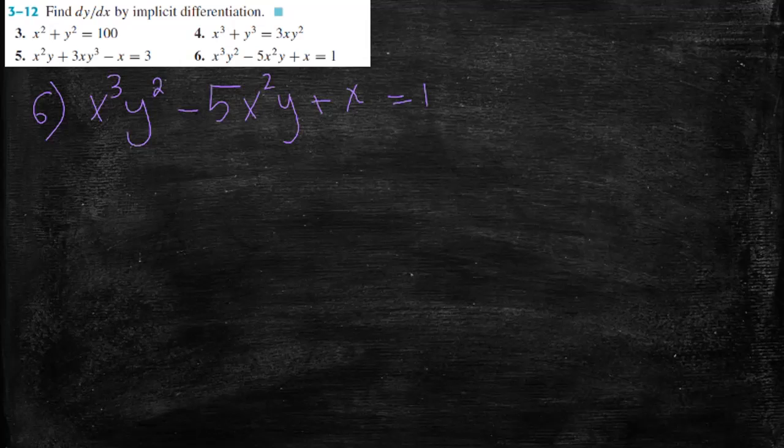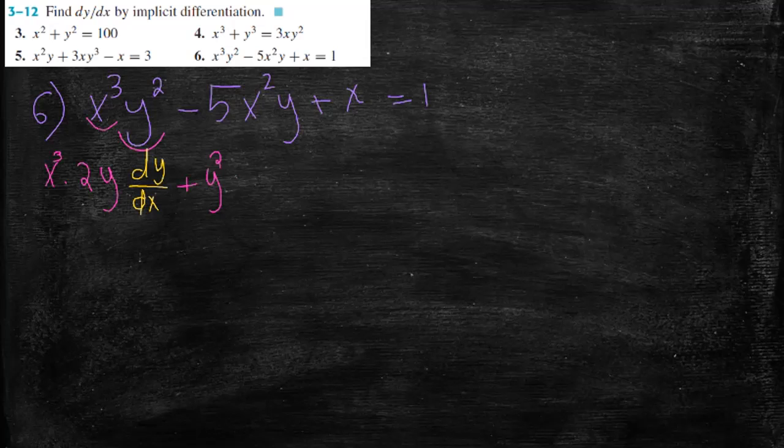It will be the first one times the derivative of the second one, which is x cubed times 2y times dy over dx. So it is f g prime plus g f prime.